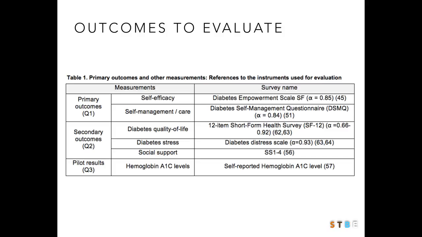Pilot results of hemoglobin A1C levels. I left it at pilot results because it was limited funding for only 4 weeks of study, so that wouldn't be enough time to actually change one's HbA1c. So we left it as pilot results that we can test once the study's done and we have some pilot work, and we can test this on a longer intervention.